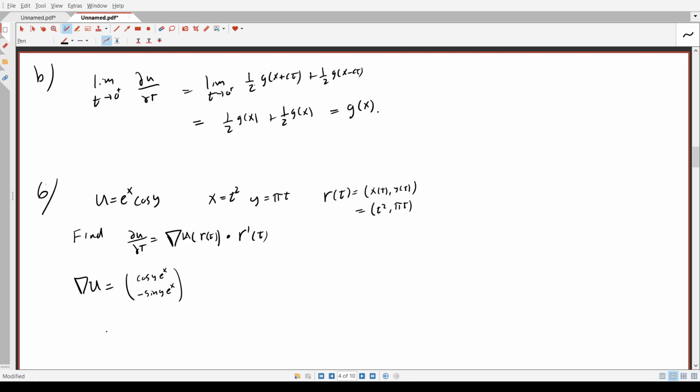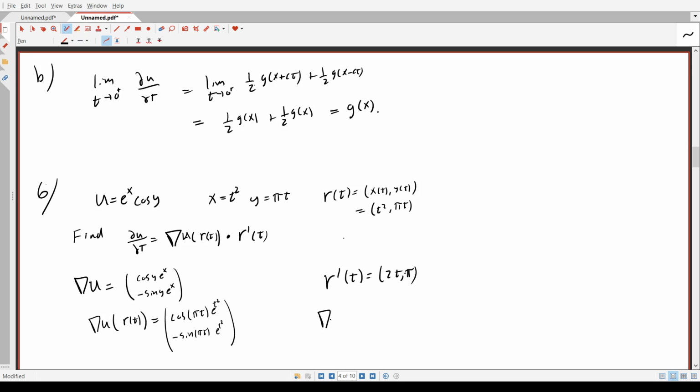Okay, so if we put this back in terms of t, this is going to be what? This is cosine of pi t e to the t squared, minus sine pi t e to the t squared. All right, and real quick, let's just calculate r prime. That's just going to be 2t and pi.